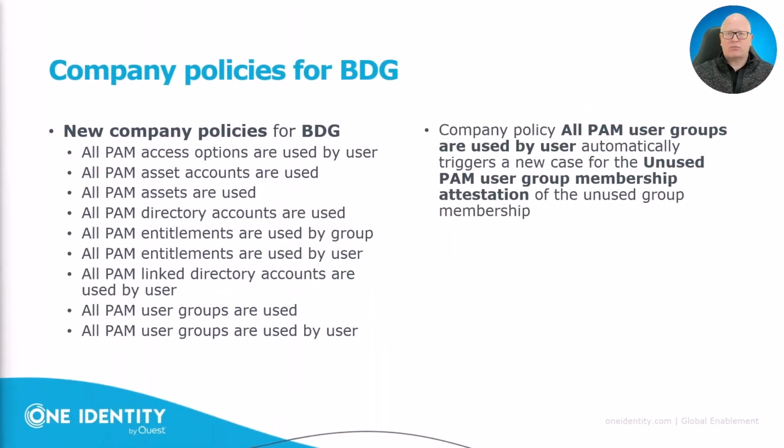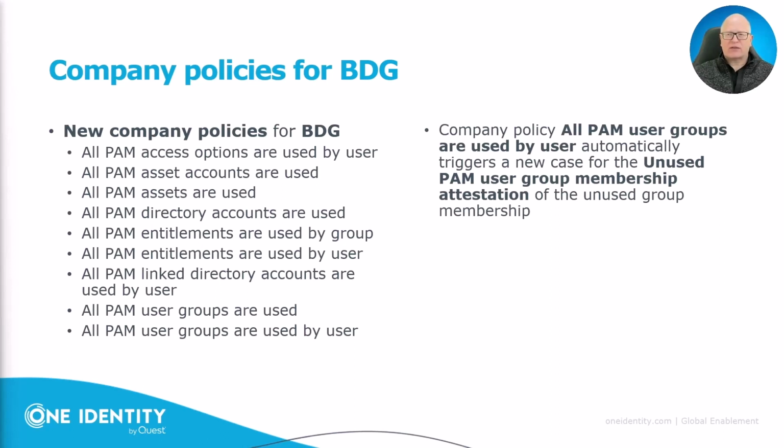Together with all the behavior-driven governance, we have, of course, implemented some new company policies. You can see them on the left-hand side. This is out-of-the-box functionality. Things like all PAM access options are used by user, or all PAM directory accounts are used, or something else, are now out-of-the-box company policies, which help to manage everything around behavior-driven governance.